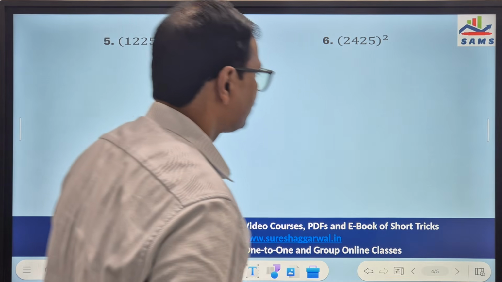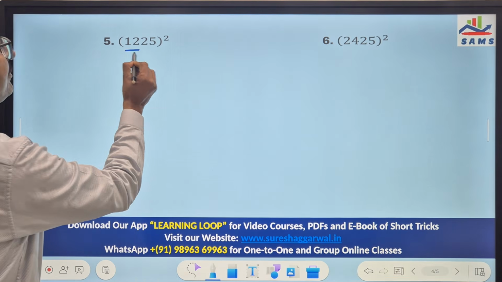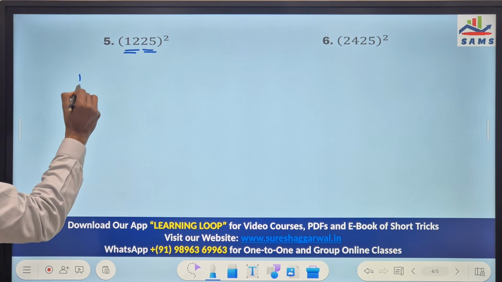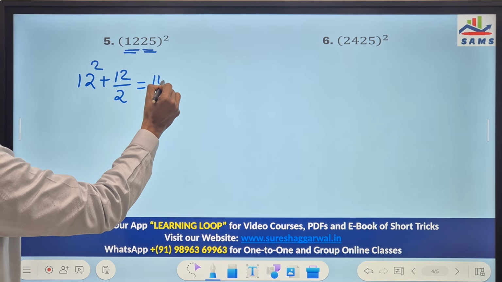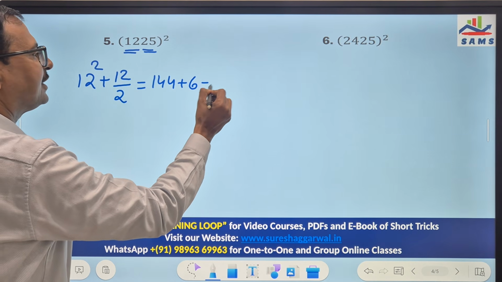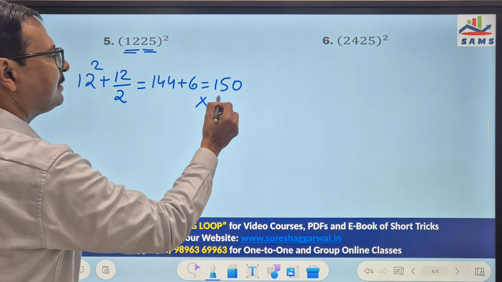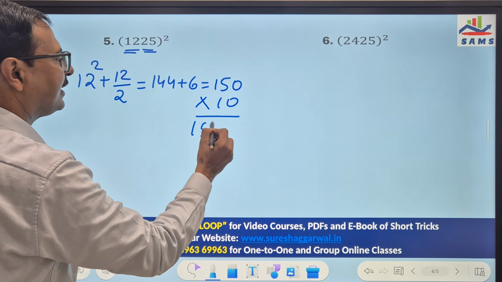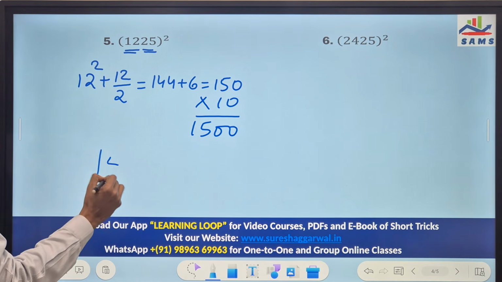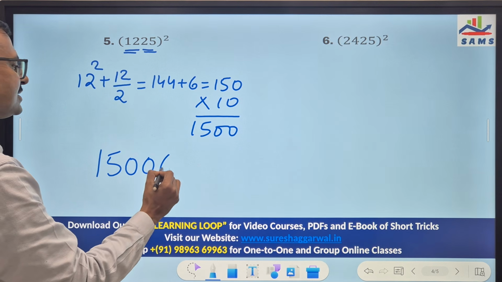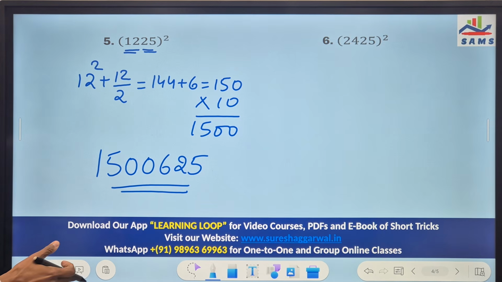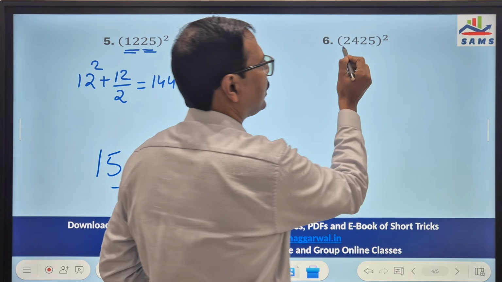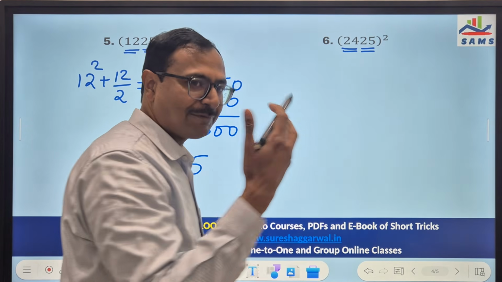Some more questions to feel more comfortable. Here you have 12 apart from the 25. 12 square plus half of 12 is 144 plus 6, which is 150. Multiply it by 10, you get 1500. So your answer for the question is 1500625, and this is the square of 1225. And the final question here, 24. Apart from 25 you have the 24.